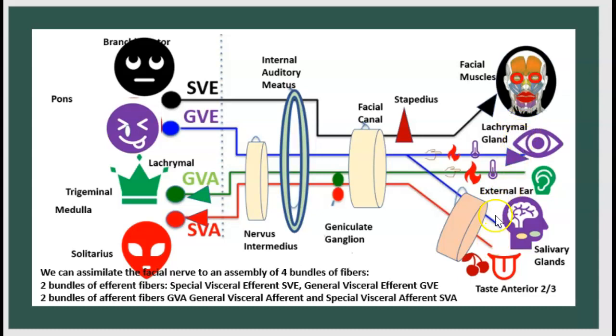Afferent fibers come from the external ear and from the tongue: from the external ear going to the trigeminal spinal nucleus, and from the anterior two-thirds of the tongue, taste to the solitary nucleus through SVA fibers.